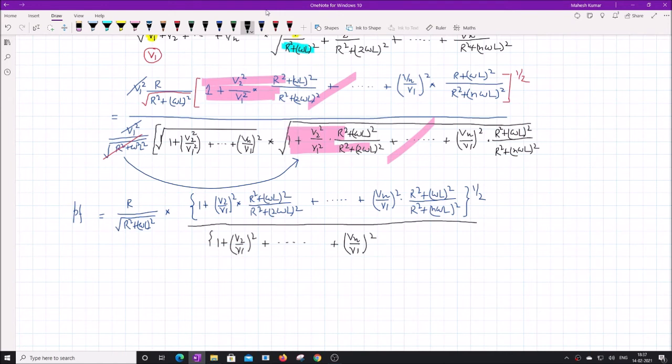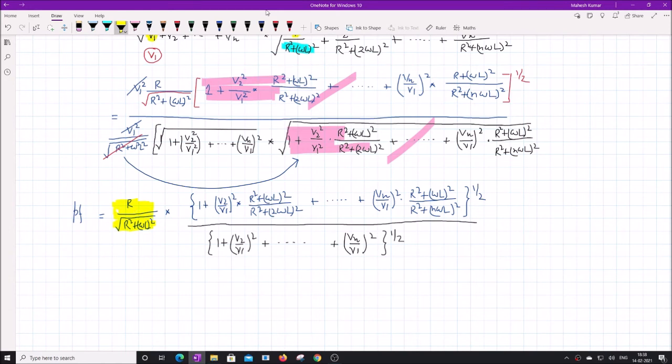So I will ask you, what is this factor? This factor is cos phi 1.